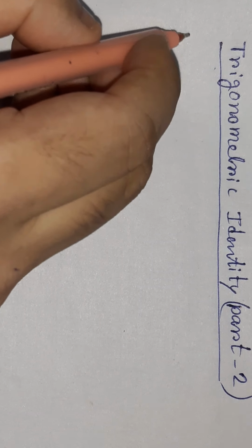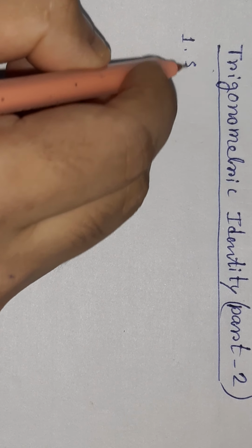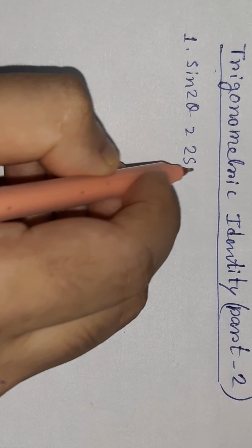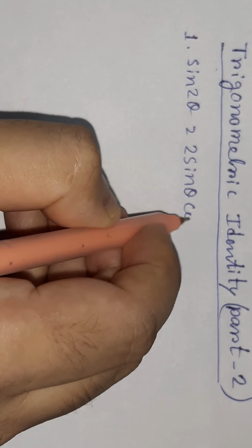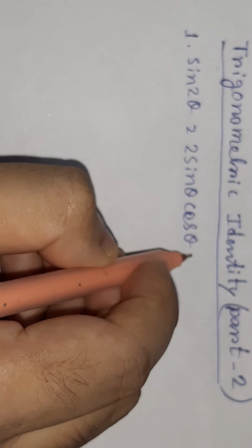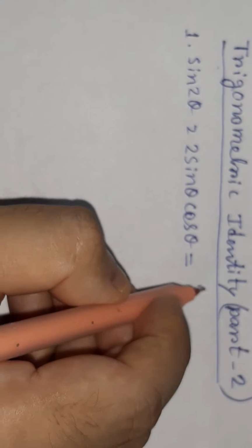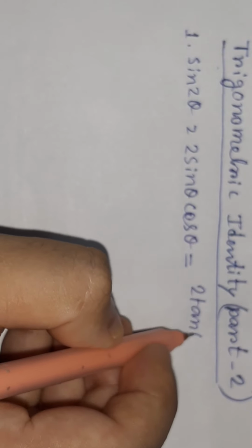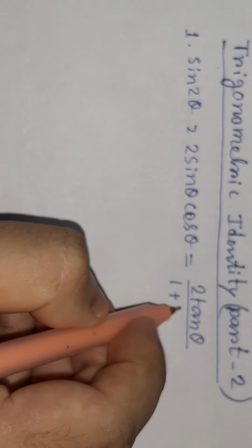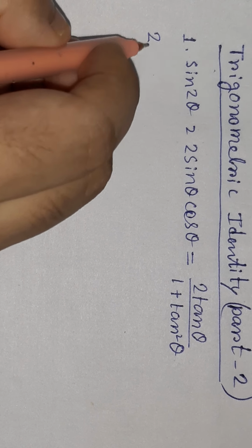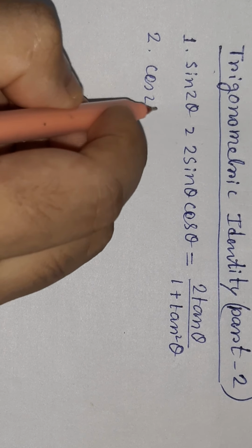So let's start. If we have sin 2 theta, then it will be 2 sin theta cos theta, which in terms of tan theta we can write as 2 tan theta by 1 plus tan square theta. Next is cos 2 theta.